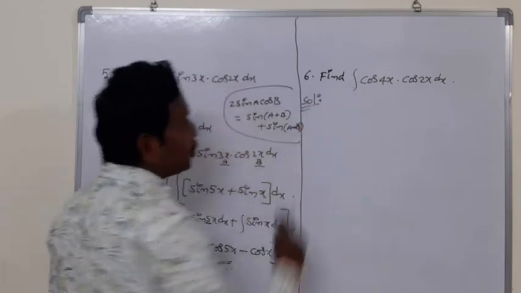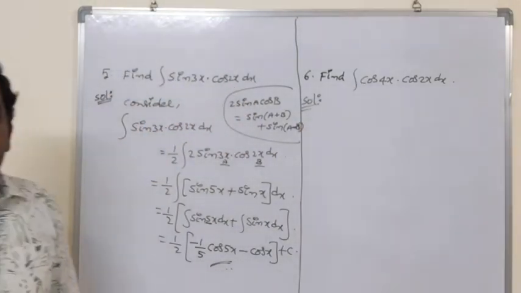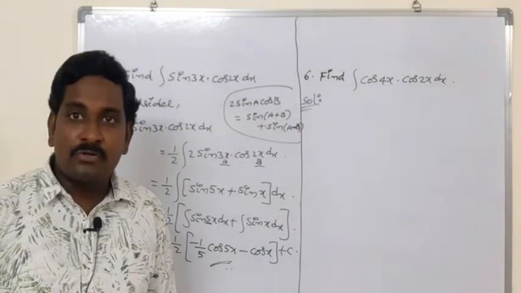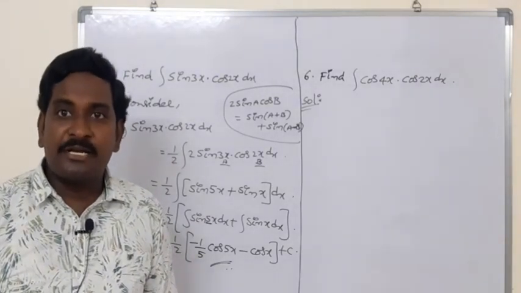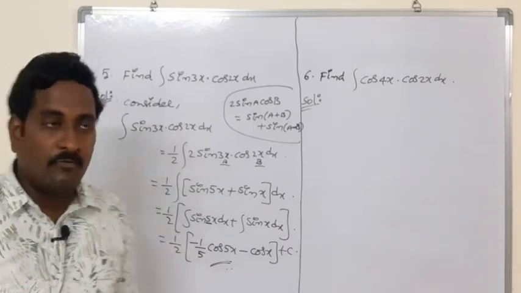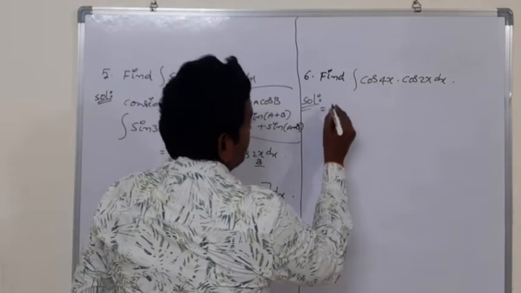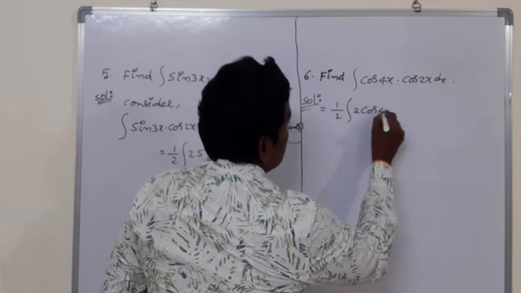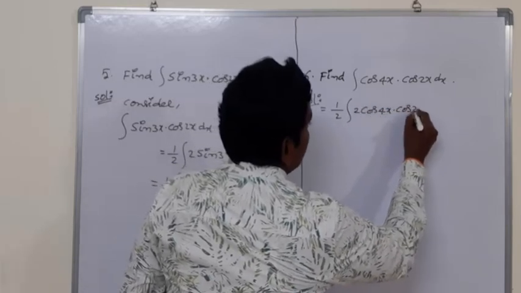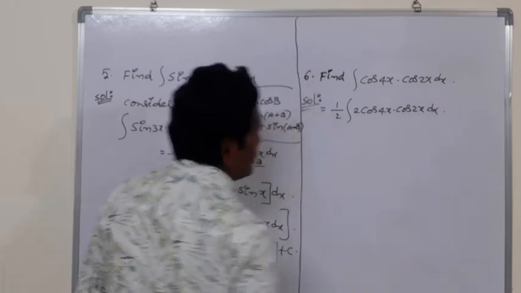Here also two trigonometric terms are in product. That's why we are unable to separate the terms by using linear property. So use the trigonometric transformation formula here also. For that purpose, multiply with 2 and divide with 2. So you will get 2 cos 4x into cos 2x whole into dx.